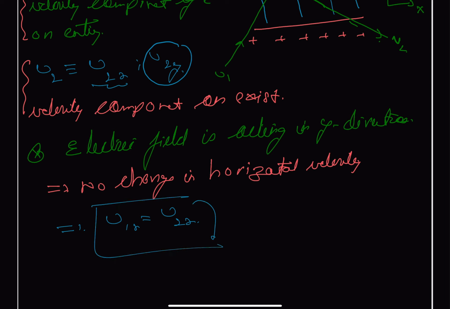Now we can write V1x and V2x in terms of the angle. So V1 cos alpha will be equal to V2 cos beta.